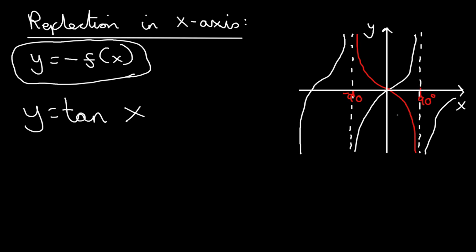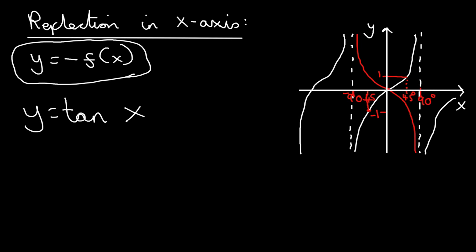So now, because we have symmetry across the y-axis and across the x-axis, we can say that the tangent of an angle, say negative 45 degrees, has a value of negative 1. This value is equal to the negative of, let's say, 45 degrees here, which is equal to 1.